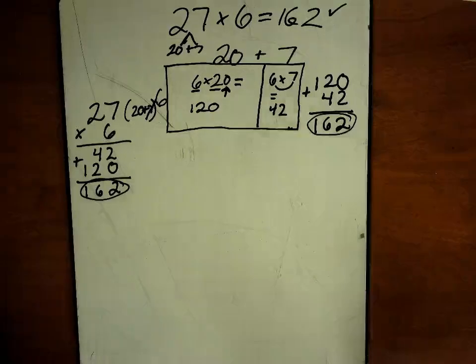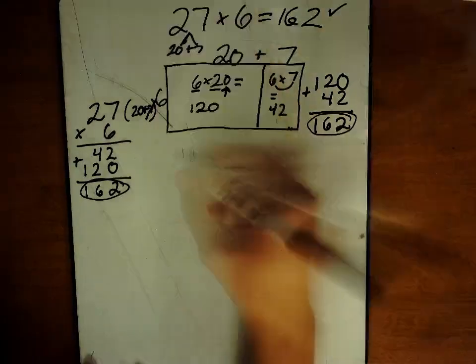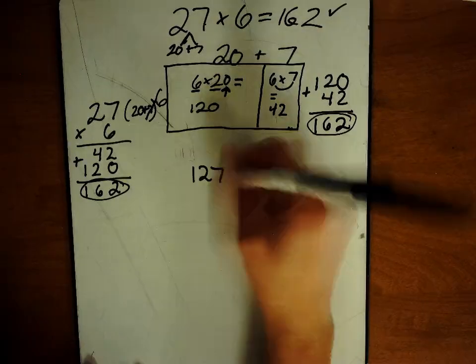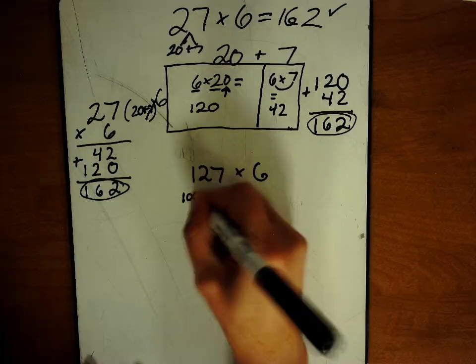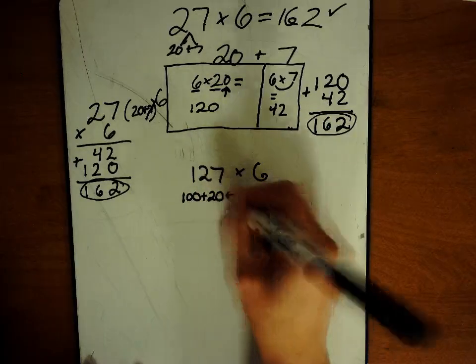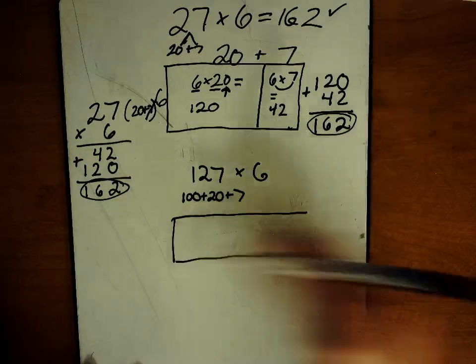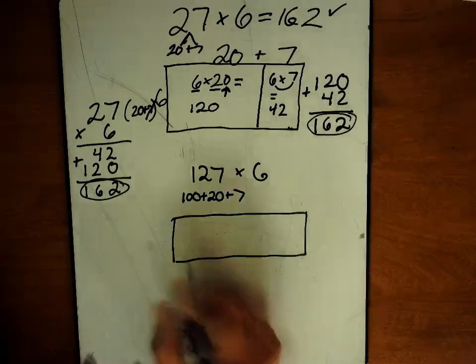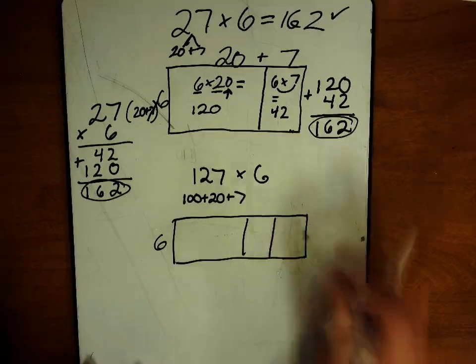So the same thing works as I move up to three-digit numbers. Let's say 127 times 6. I know that 127 is really 100, 20, and 7. So as I set up my rectangle, I'm going to do that exact same thing, where I've got 6 times 100 and then 20 and then 7.